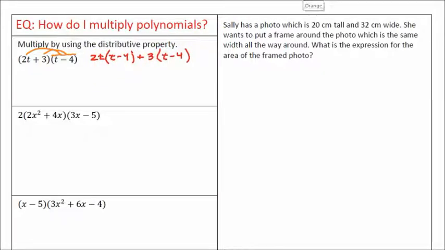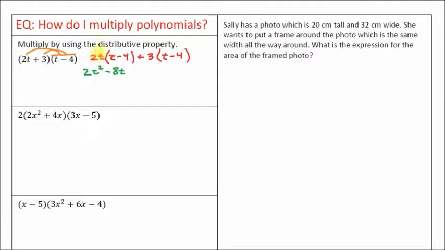And you know how to distribute those from previous lessons. 2t times t is 2t squared. 2t times negative 4, well, 2 times negative 4 is negative 8. And there's only one t in that multiplication. So we're going to go ahead and write negative 8t.